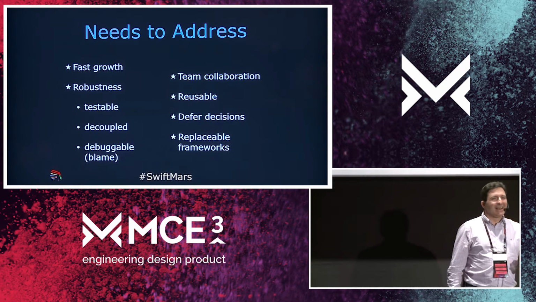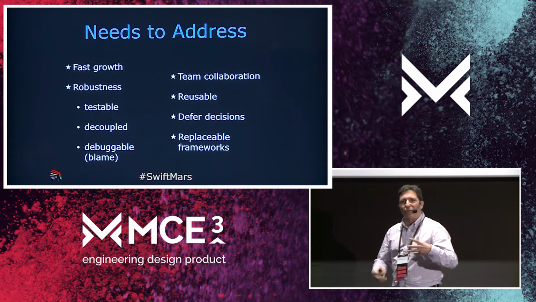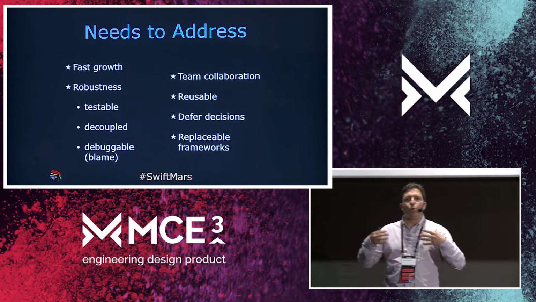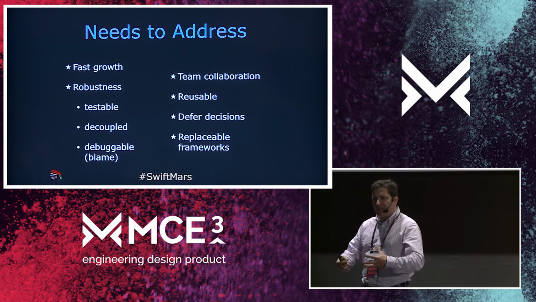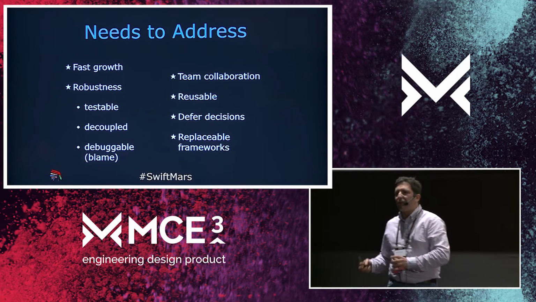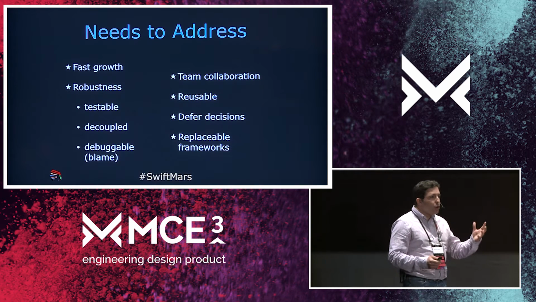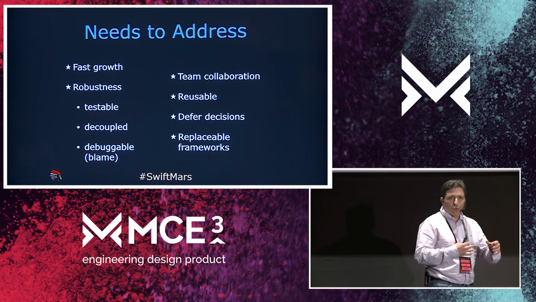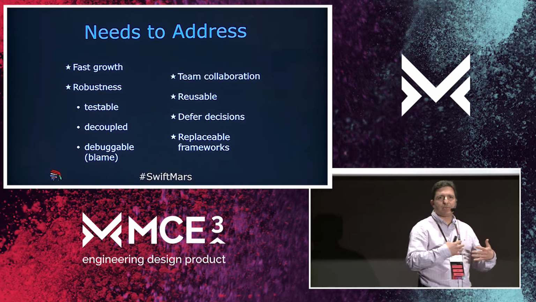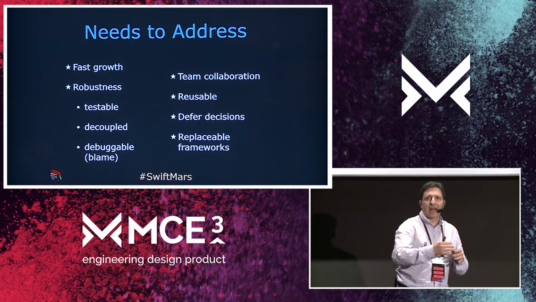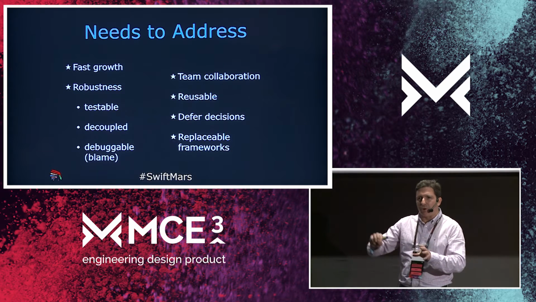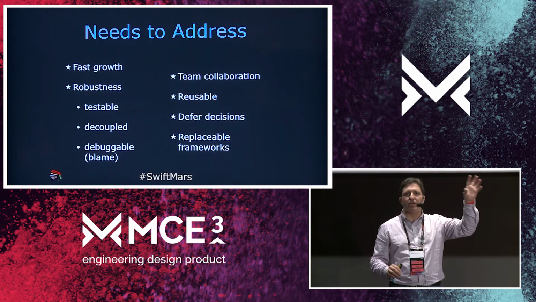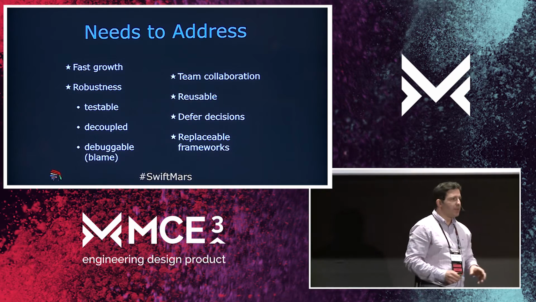But still, if you are trying to create an application that is reliable, you want to have as many tests as possible, and you want to be able to detect when some change that you have introduced in your code is breaking something else. And also, you want to have your code as decoupled as possible, so changes in one part of the code don't affect any other part of the code that you have.